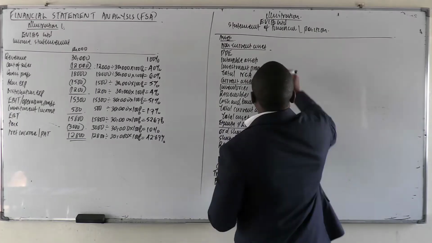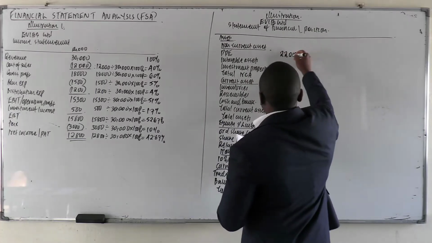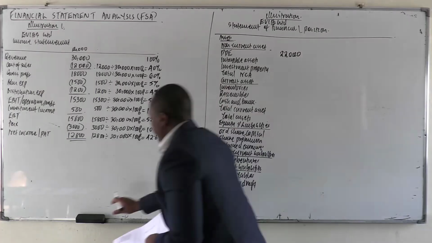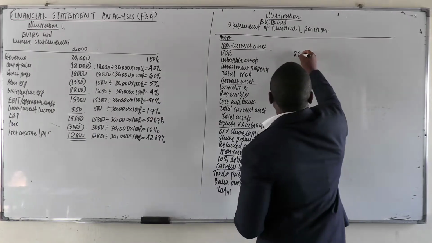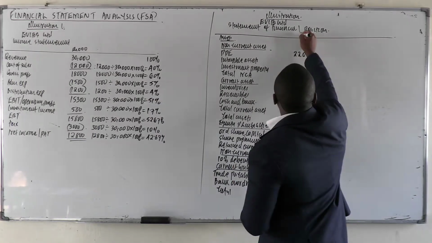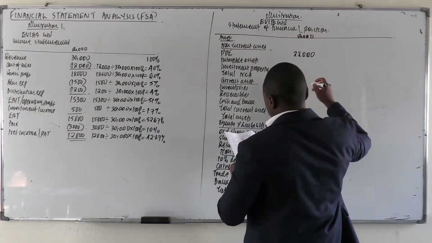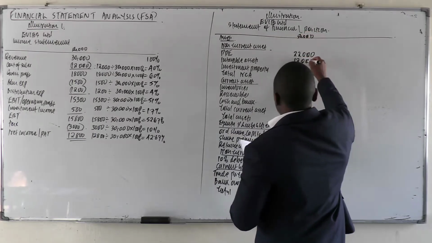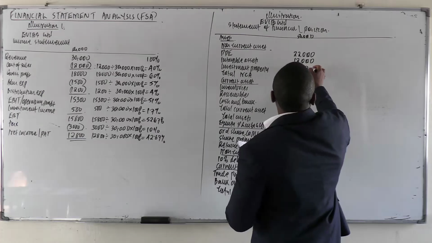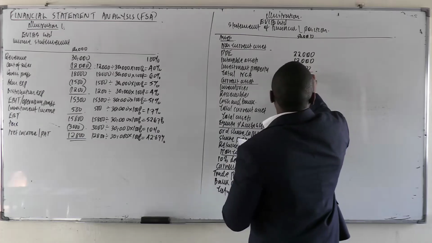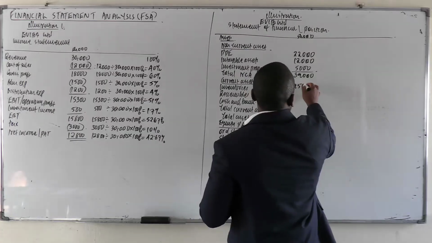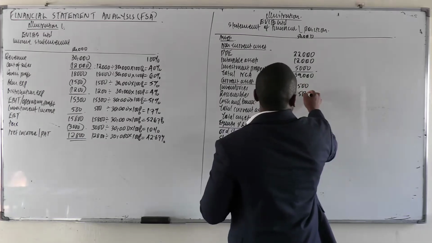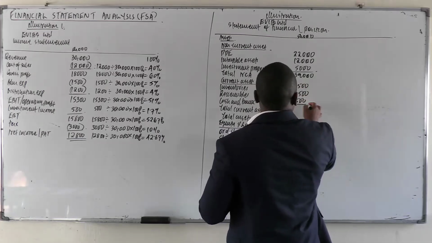So this is an amount of 22,000. Then 12,000. Then we have 5,000. And the total non-current asset we have is 39. And then we have inventories, 95, 11,500, 500, 21,500.